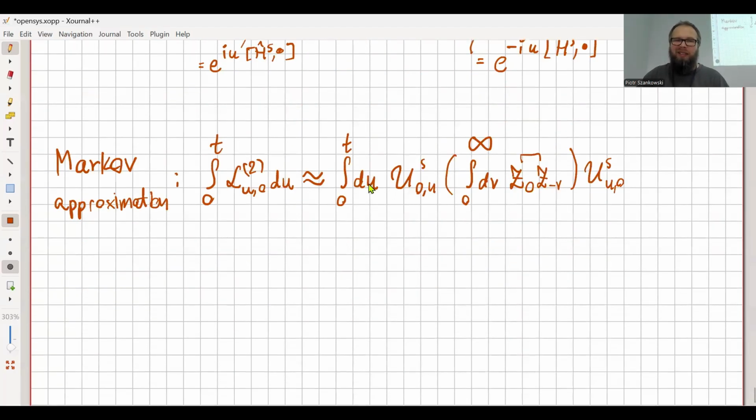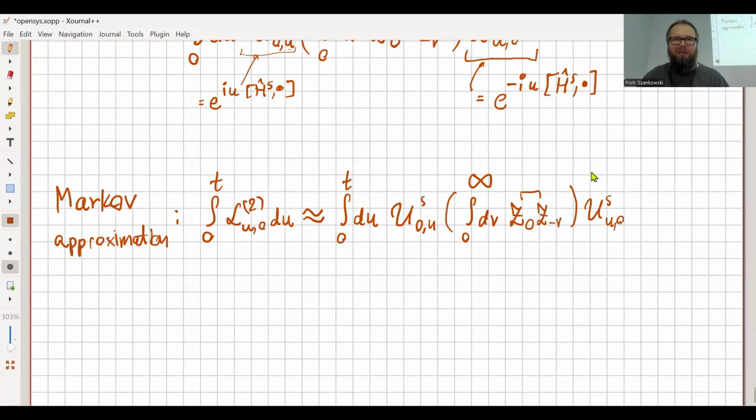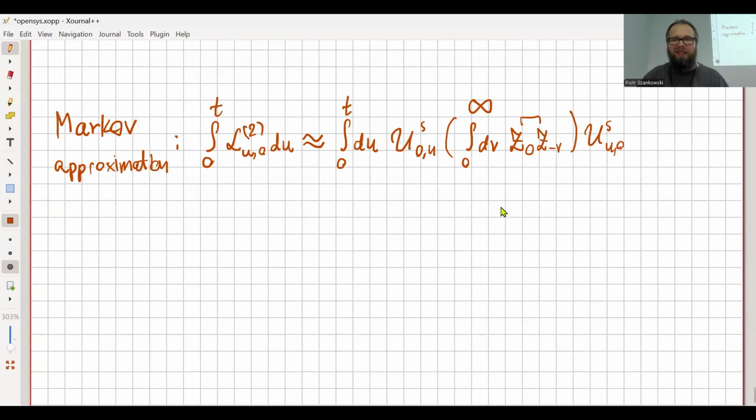So when we do this, the superoperator here no longer depends on time. Now it's constant. So the only dependence on time now is this transformation with unitary evolution operators. Okay.